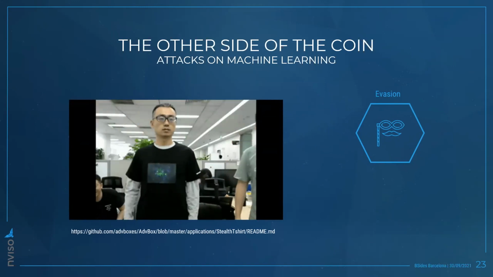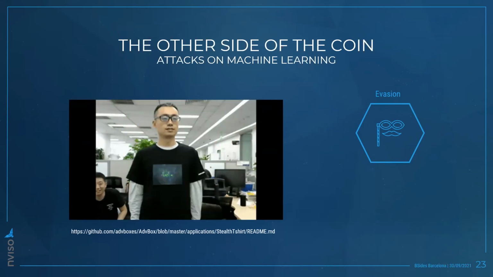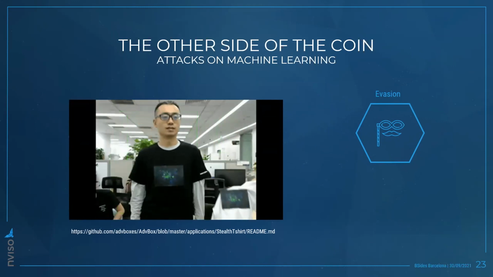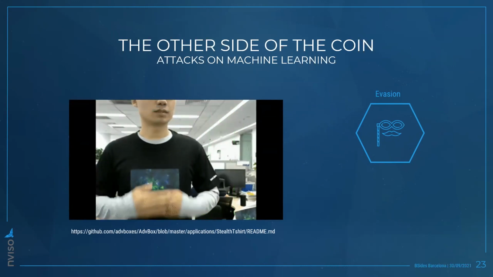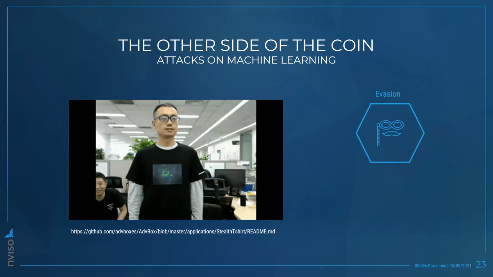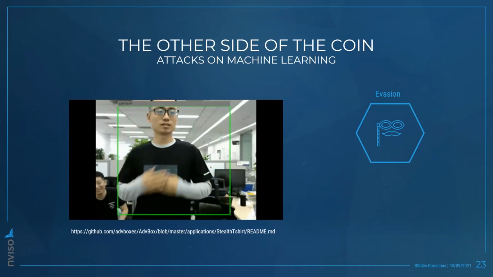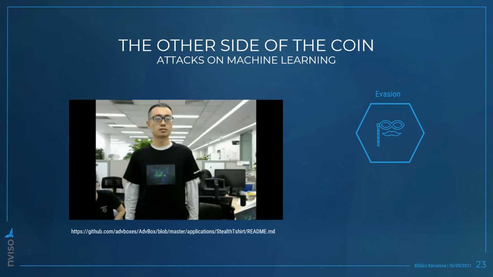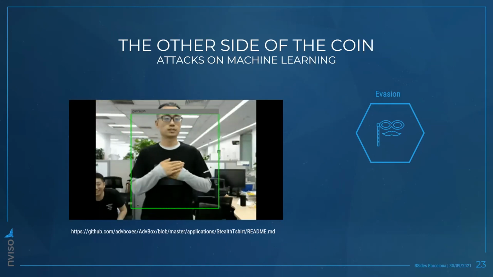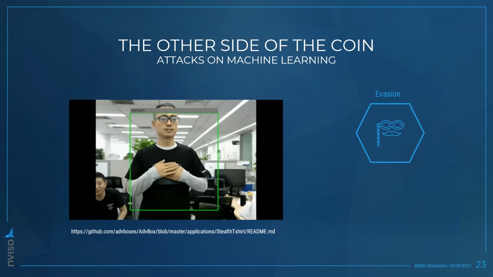So whenever you see the green square, it detected an object. And as you can see, whenever he doesn't cover the front of his shirt, he is not detected. So this is how the stealth shirt works, to kind of confuse the algorithm so it doesn't detect the person.